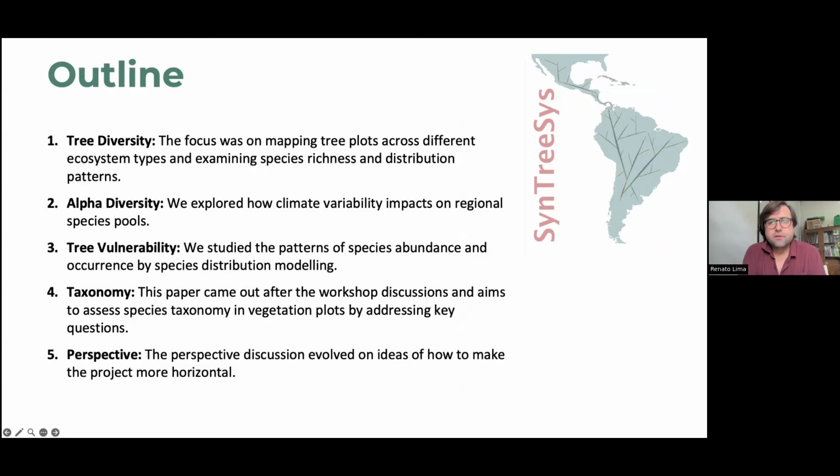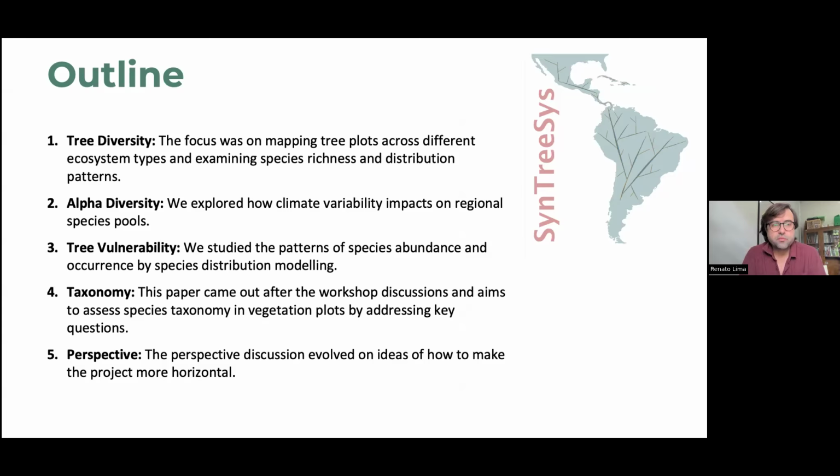So this is the outline of what we're doing in terms of science in SynTreeSys. This is not exactly the work packages we anticipated in the original project. We changed a little bit. Some of the work packages were not started yet, and some other ideas came in along the way, and we are working on them right now.